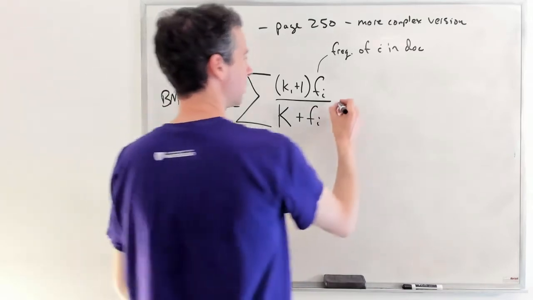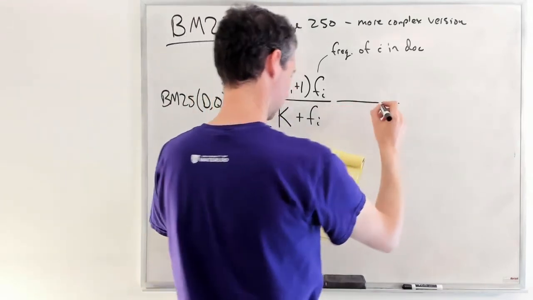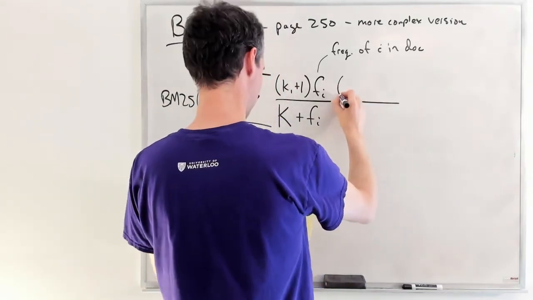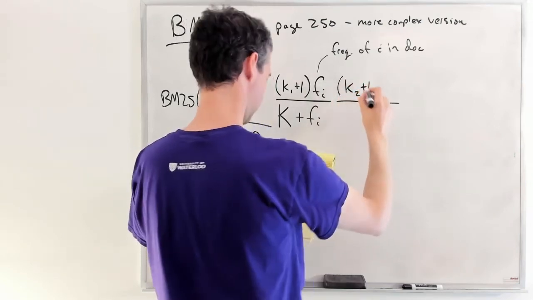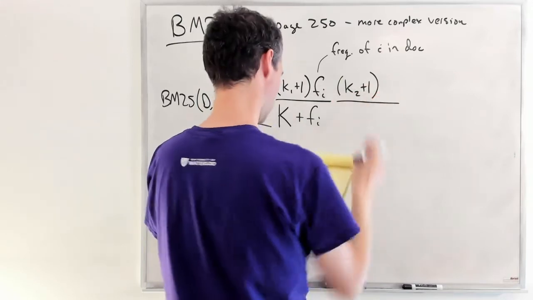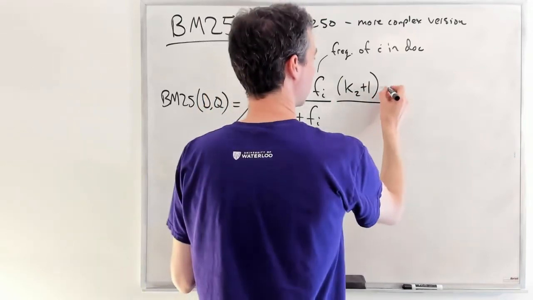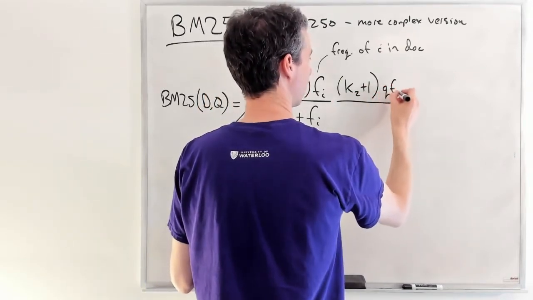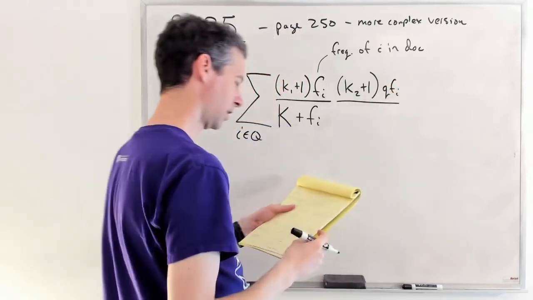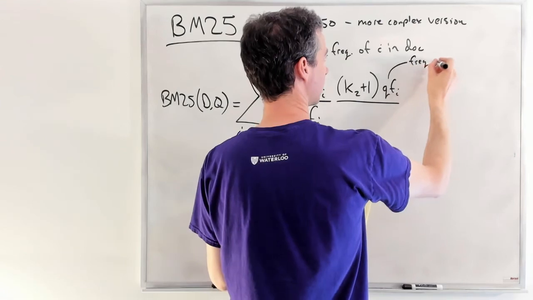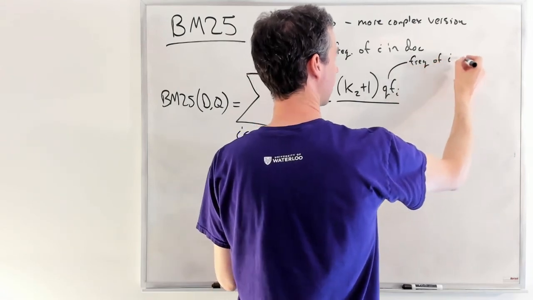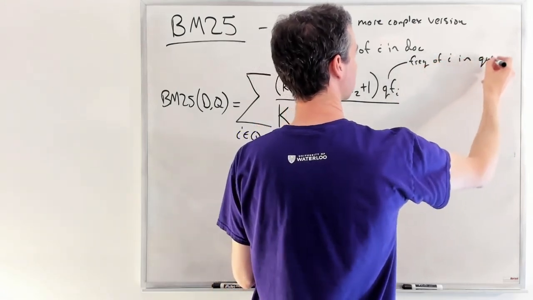All right, now we're going to multiply this. We've got K sub 2 plus 1, all by qf sub i. All right, so this is our frequency of i in the query.